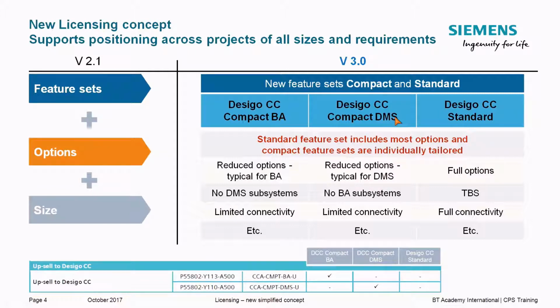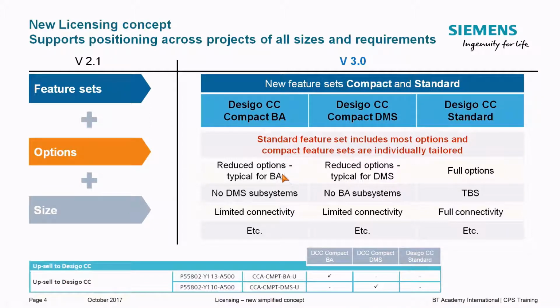The idea is, again, to simplify the whole licensing. So we decided to offer you two compact feature sets for those specific markets. These two compacts are reduced, typically for either a danger management system or a building automation system.